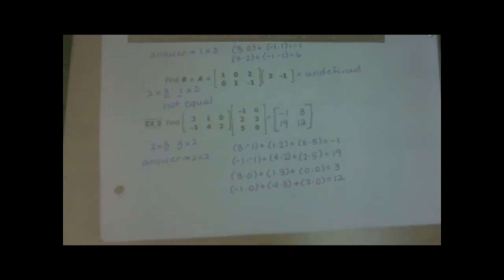So I've got negative 1 times 0, 4 times 3, plus 2 times 0, and that's going to give me 12. And there, that's matrix multiplication. All right, let's go ahead and turn the page.